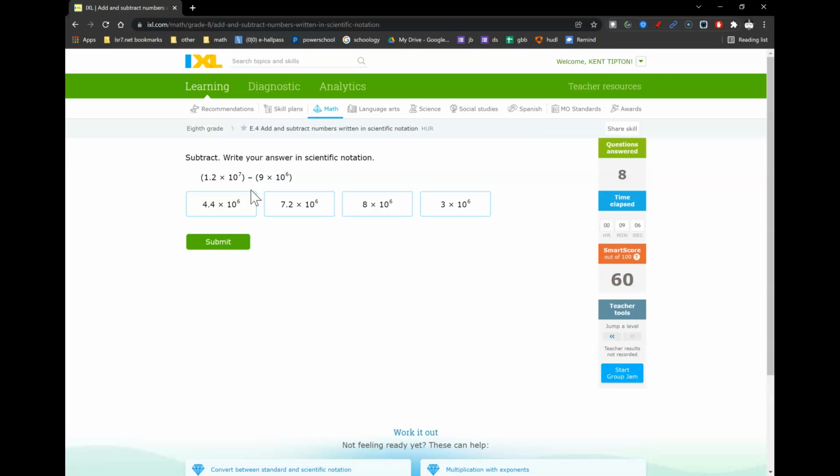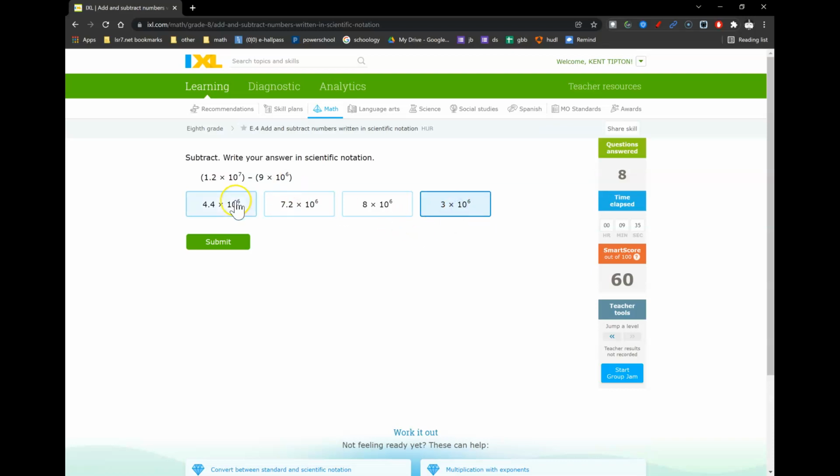Then you have 1.2 minus 0.9 is 0.3 times 10 to the 7th. But remember, scientific notation has to be at least 1. So 0.3 has to turn back into a 3, which is going to make the exponent go from 7 down to 6 because you moved it to the right.